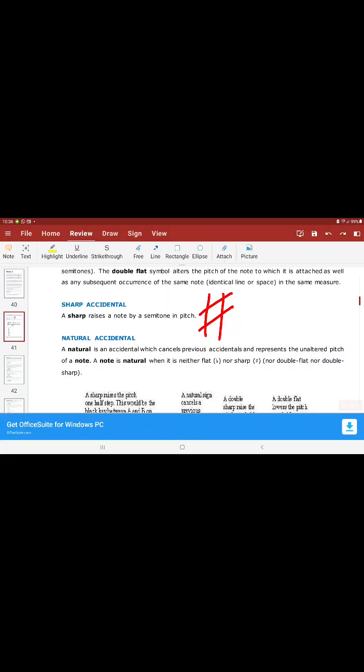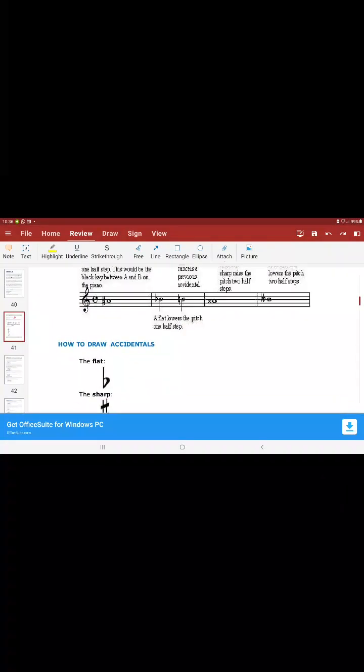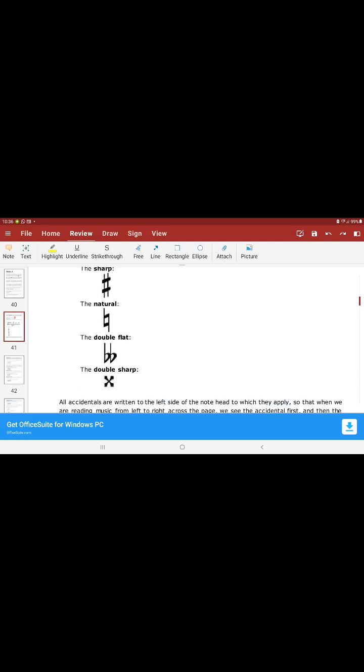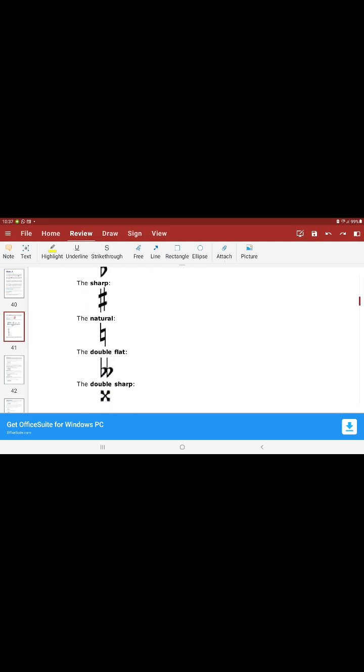The double sharp is written as this cross, unlike the flats. So that is how a double sharp looks. You can see it there on the left side of your screen now.